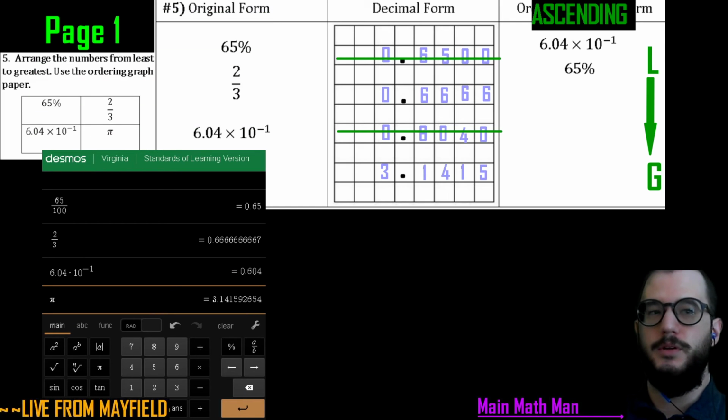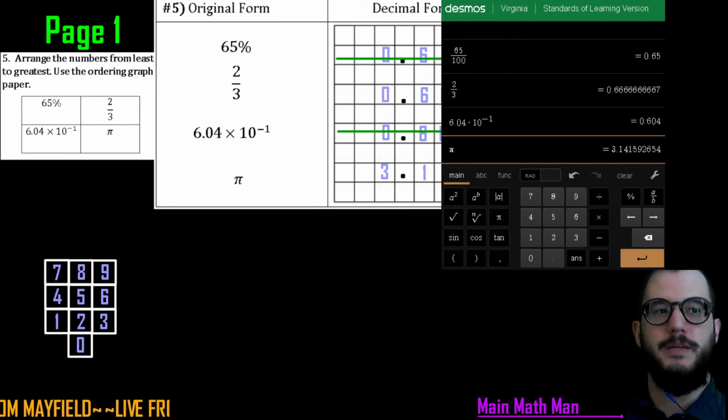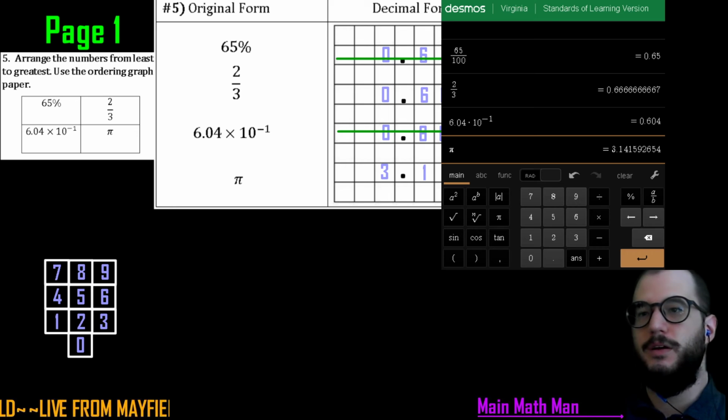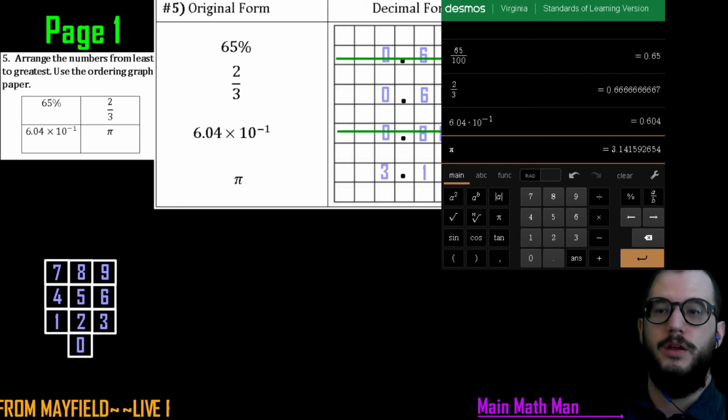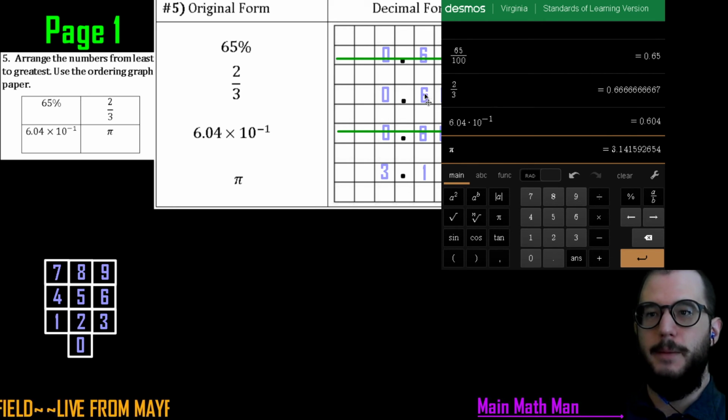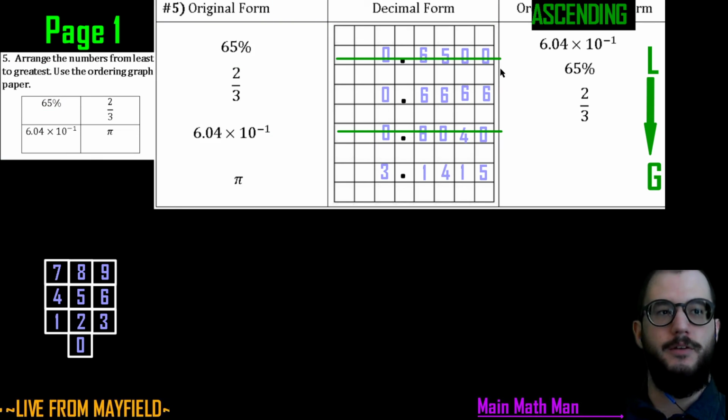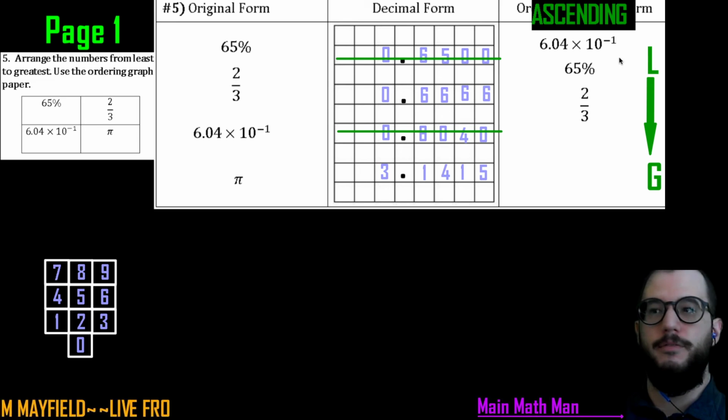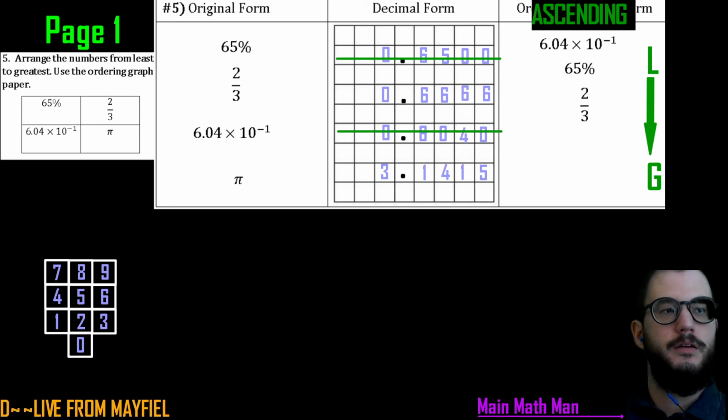So now for this next one, again, just compare very simply which one is smaller, 0.6 or 3.1. We know that the number that is not a whole number is going to be smaller. So we know that this 2/3 is going to be our smallest of the remaining. And so in original form, we have that 2/3.